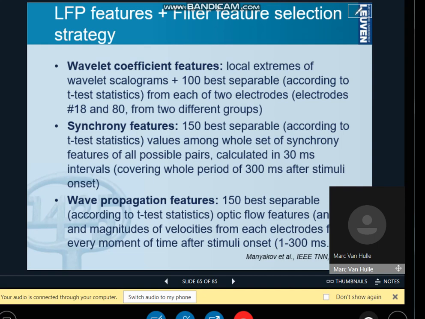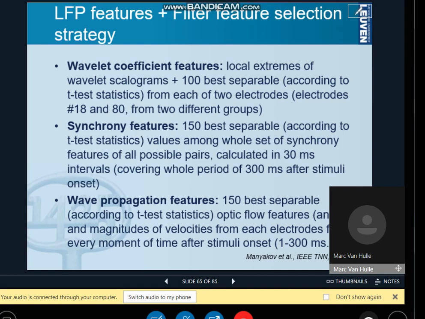So these are 200 features in total, 100 for electrode 18 and 100 for electrode 80. We look at the extremes of the wavelet scalograms. Remember, I indicated to you these blue little squares. They are the points where you have the biggest difference between rewarded and unrewarded case. So you take those top 100 for each of the two electrodes.